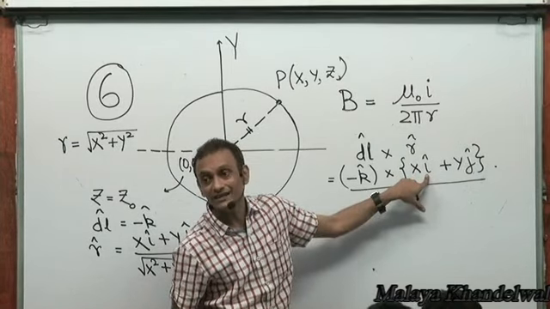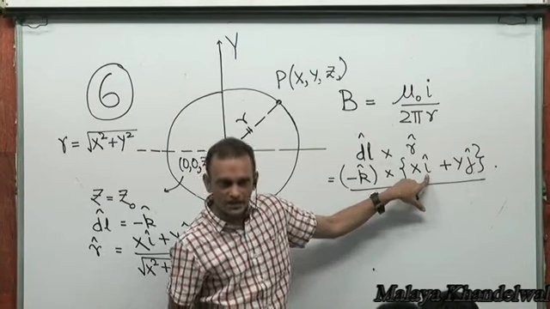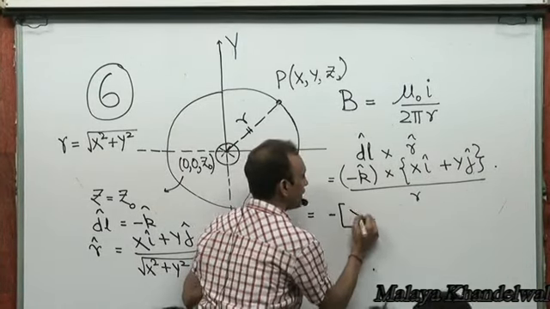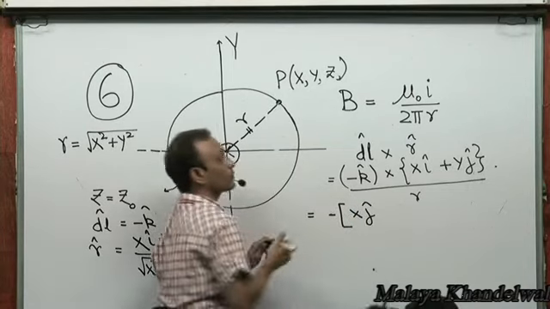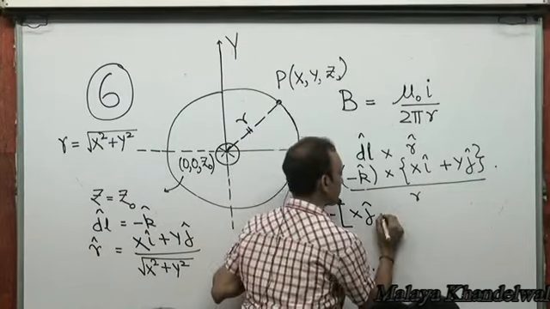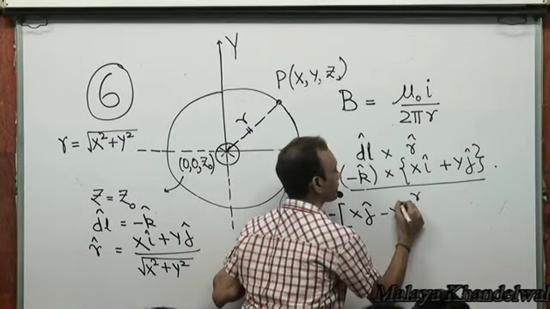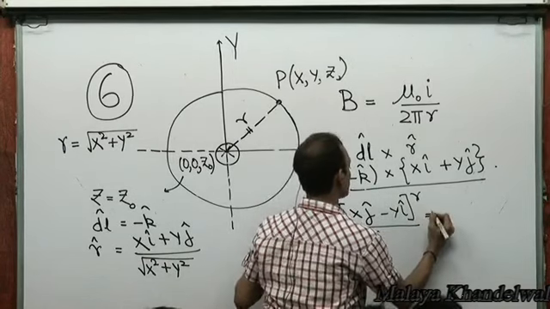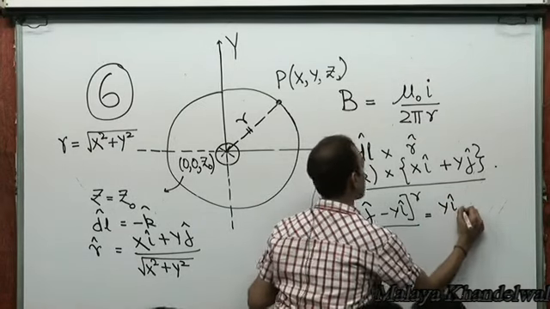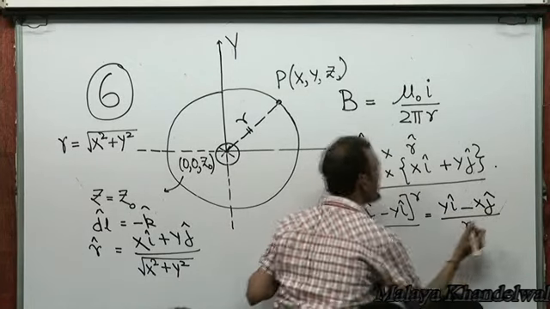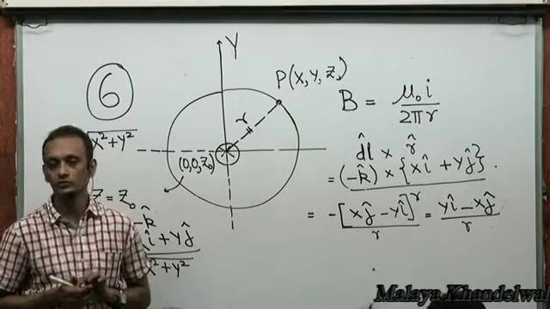K cross i will be j. Yes or no? K cross i will be j. So this is minus of x j cap. K cross j will be minus i. By r. So this is like y i cap minus x j cap by r. Yes or no?